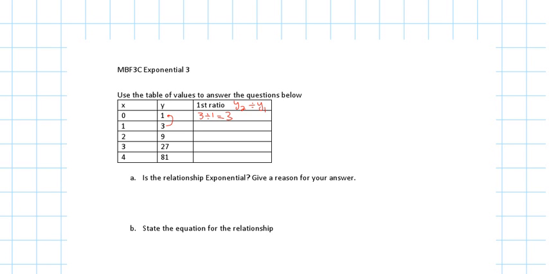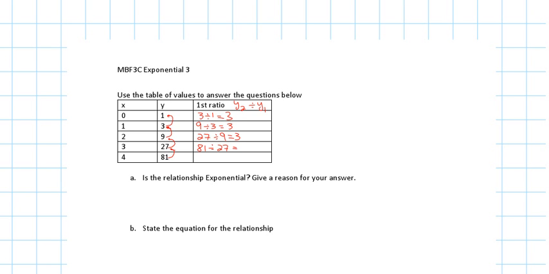All right, so then I have y2 divided by y1, so that's 9 divided by 3. 27 divided by 9. And then 81 divided by 27.